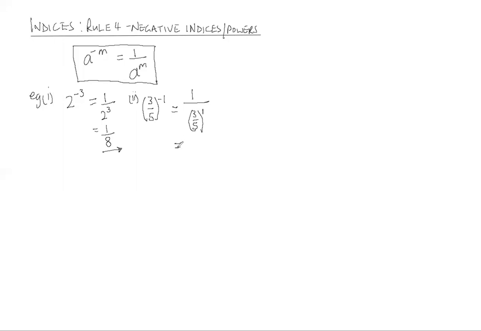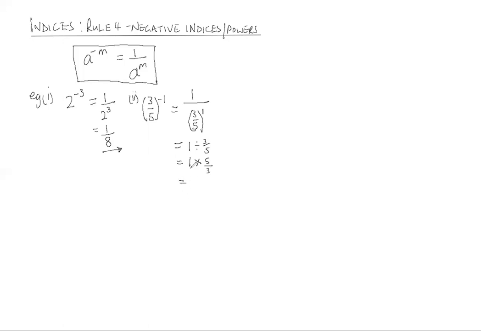If you know how to divide fractions, this is similar to saying 1 divided by 3 over 5. So whenever we divide fractions, we change the division to multiplication, and then these two numbers, they swap positions. So the 5 goes on top and the 3 goes at the bottom.